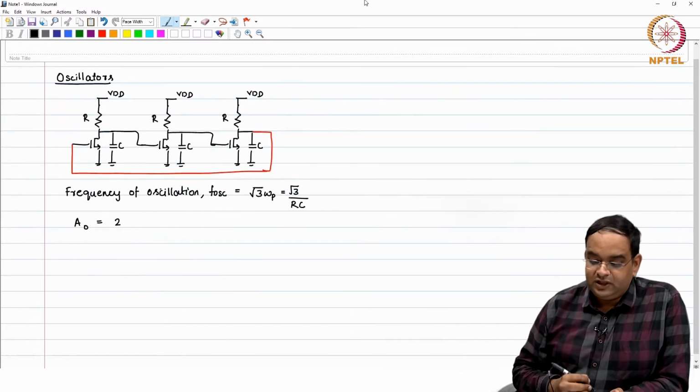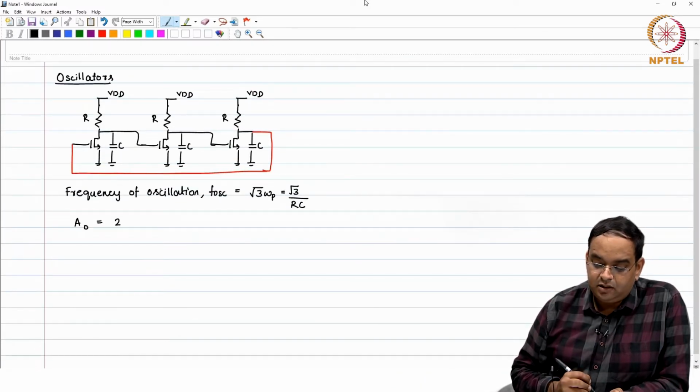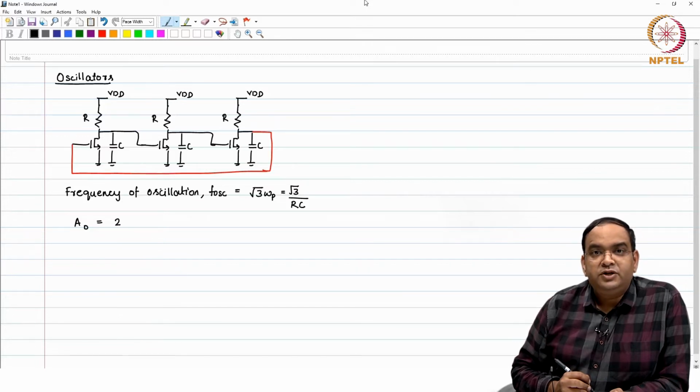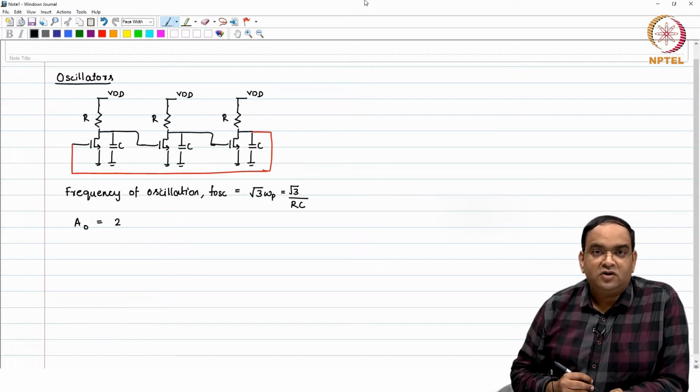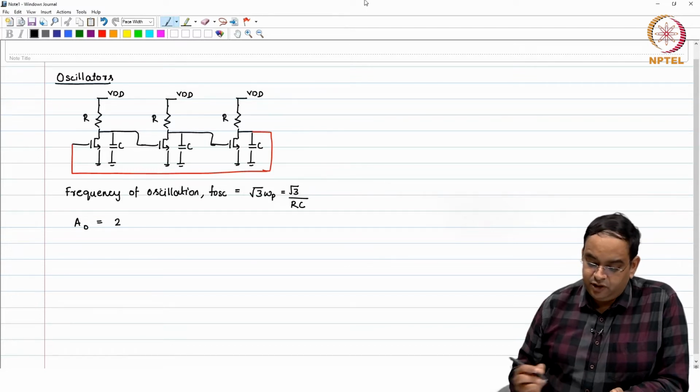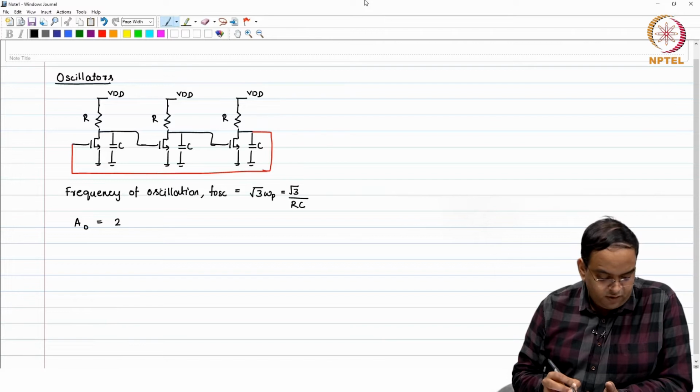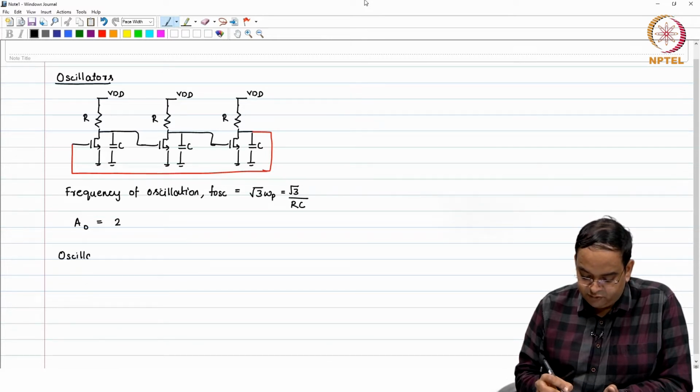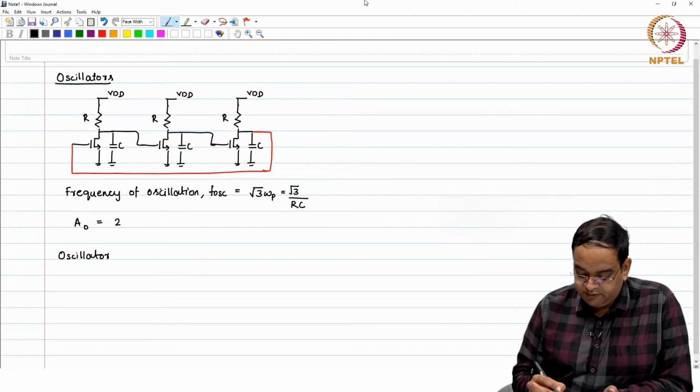Now, with this simple oscillator, what all things do we need in any given oscillator, whether this oscillator meets our demands or not. So, the oscillator performance matrix, we have to define that. Okay.